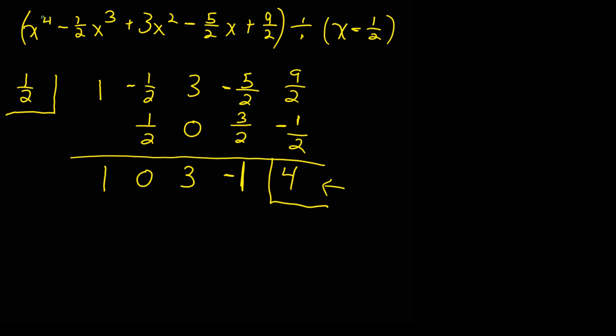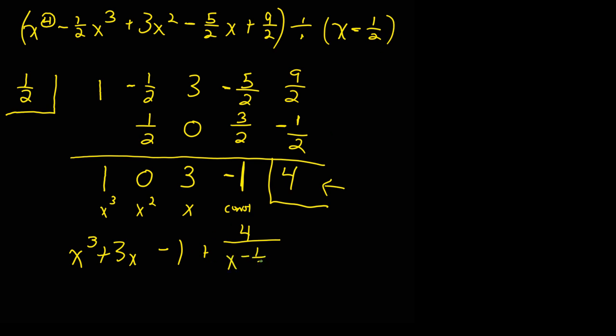So this was a 4th power, or 4th degree polynomial. So this represents the x cubes, the x squareds, the linear x terms, and the constant. So I get x cubed plus 3x minus 1 plus 4 over this part, x minus 1/2. And so we're able to do our synthetic division.